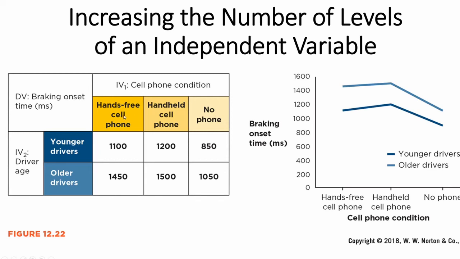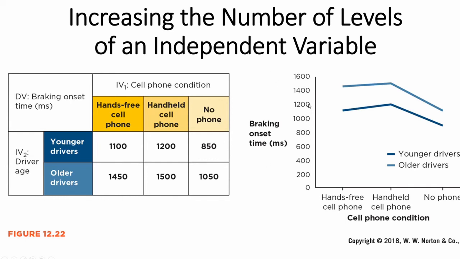So in the original study, they were talking hands-free on a cell phone, so they weren't holding anything. They were just having a conversation while driving, or there was no phone involved, they weren't having a conversation while driving. This third condition that's introduced is that they actually have a cell phone and are having a conversation, but they are also holding that cell phone. So it's not hands-free. They're also dealing with that extra thing where they are holding that cell phone.